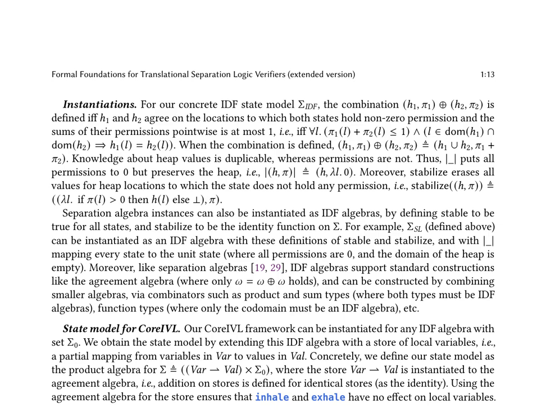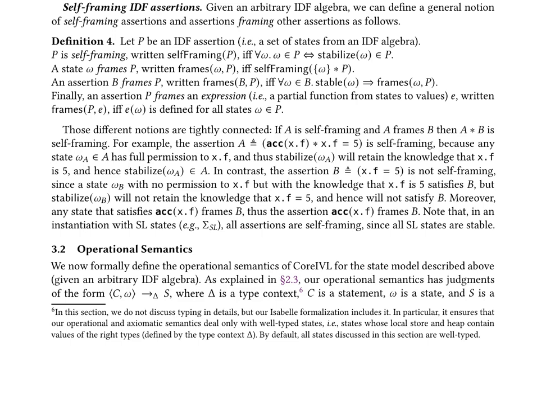The paper then presents the operational semantics of core IVL, with judgments of the form ⟨t σ, ω⟩ → Δ, where Δ is a type context, t is a statement, σ is a state, and ω is a set of states.